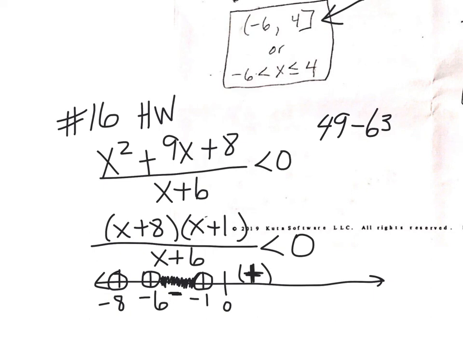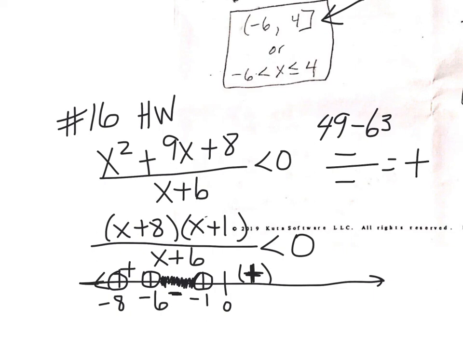Plus 8 is a -6. So I'm going to have another negative number here in the top. And then when I plug in a -7 plus 6, I have negative. And a negative over negative equals a positive. So because this is going to give me a positive, I know that that part is not going to be shaded because I don't want a positive number. I want a negative number.